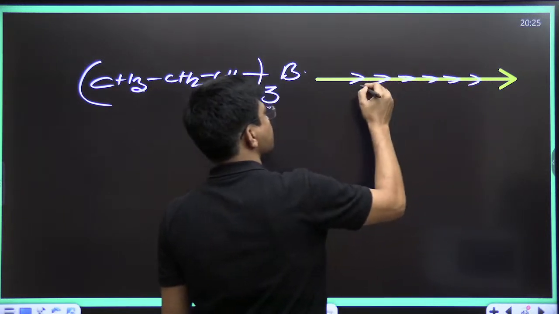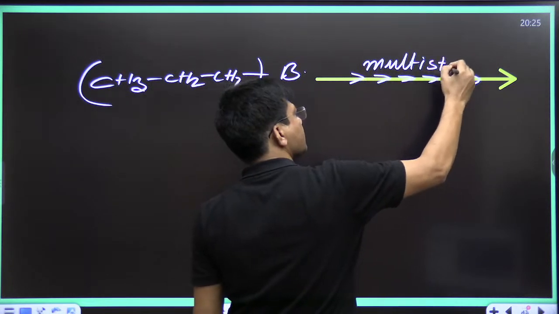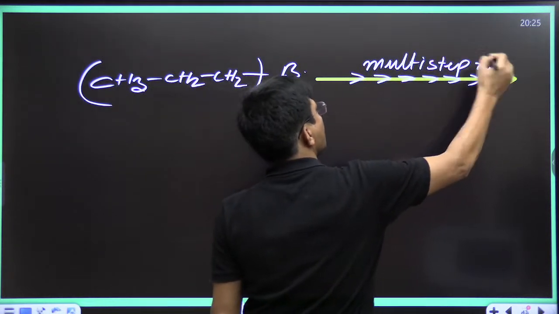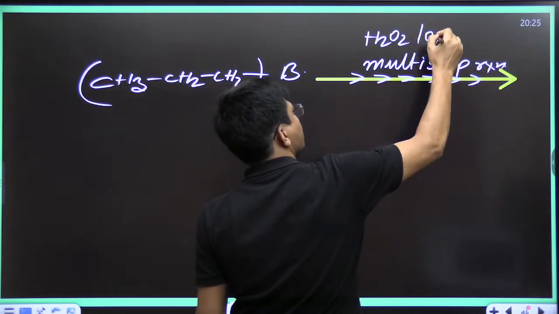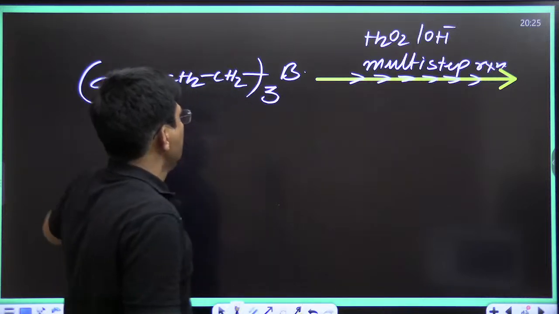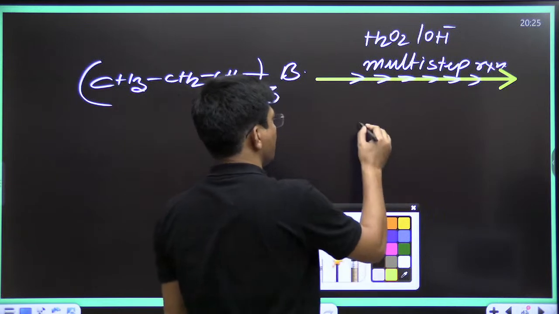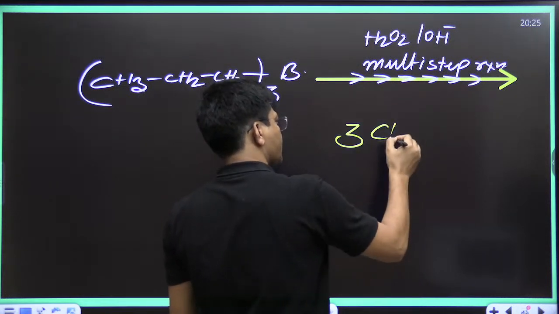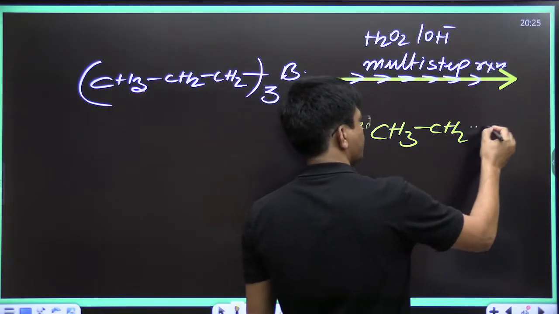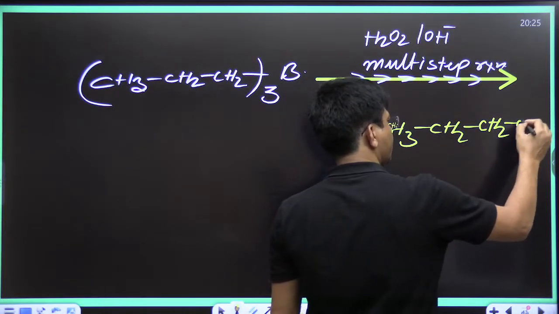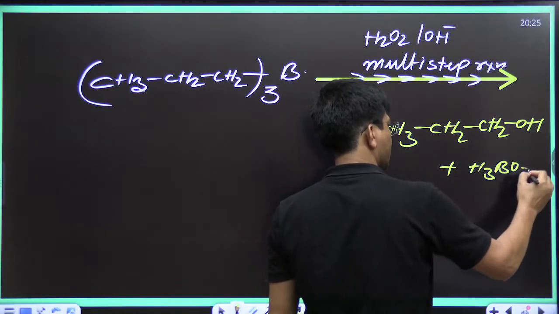A multi-step reaction with H2O2 and OH negative. This will eliminate out and you will get 3 moles of CH3CH2CH2OH plus H3BO3, that is boric acid.